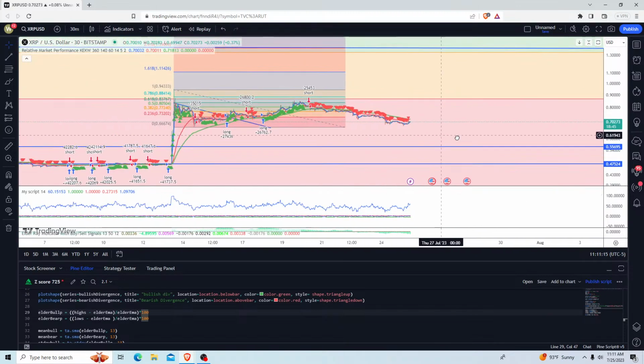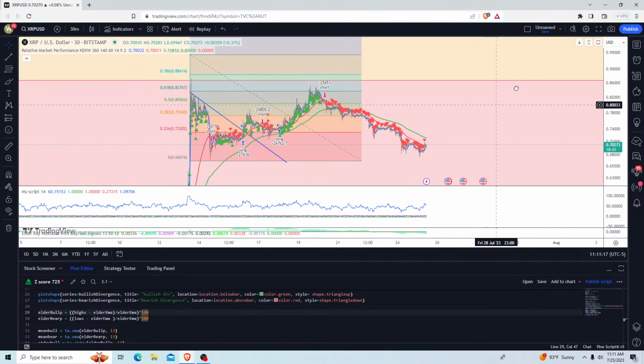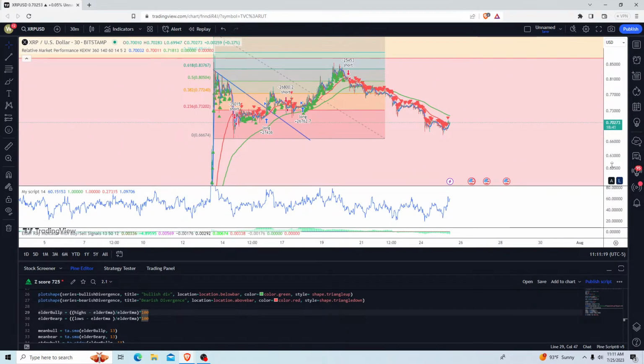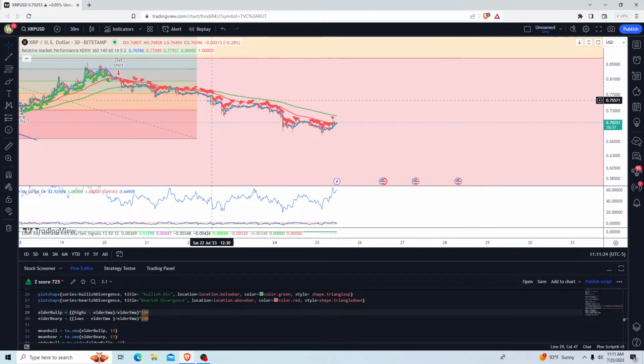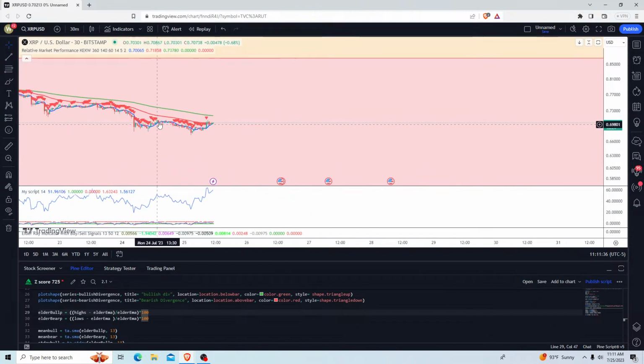Oh, we're seeing divergences now. Oh, look at that. Okay, that one was not really divergence. This one definitely. I mean, look at that. That one definitely.